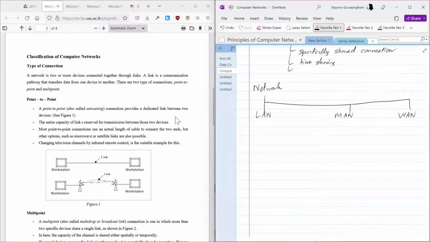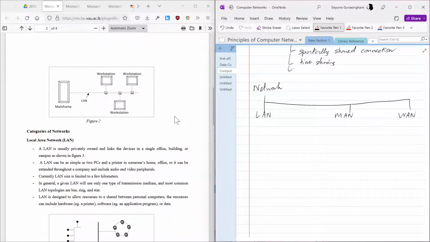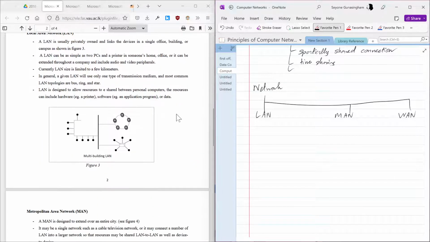Anyway, local area networks: the obvious, the basics. It's in your home, in your office, in a building. A single person can create and maintain it. It's for a person and their personal devices. It's local. This is a division geographically, the physical spread of the network.